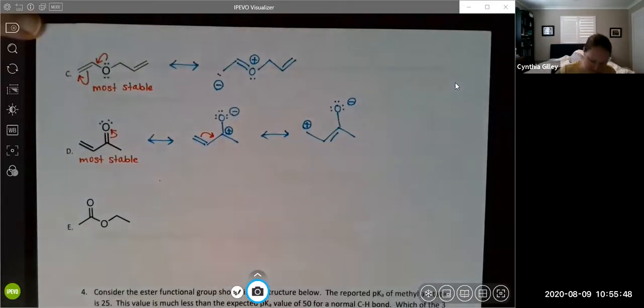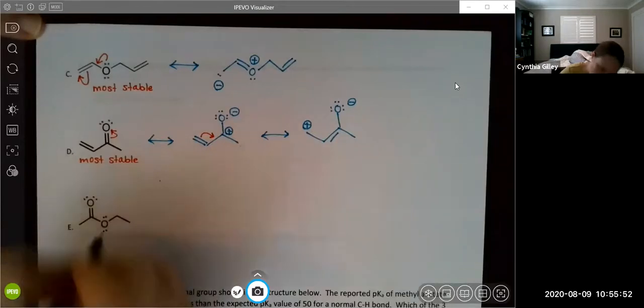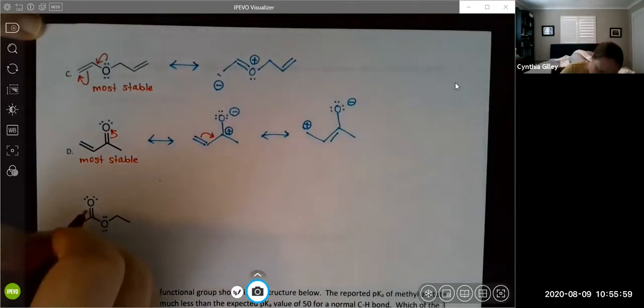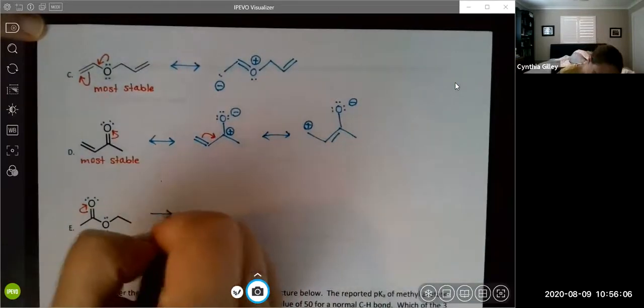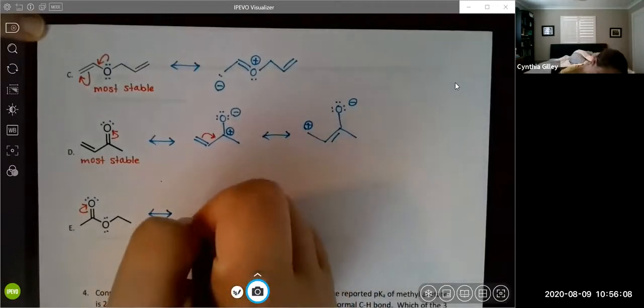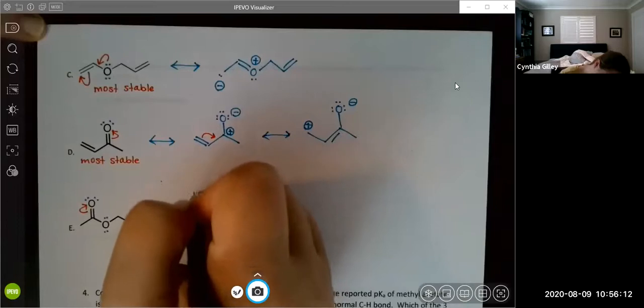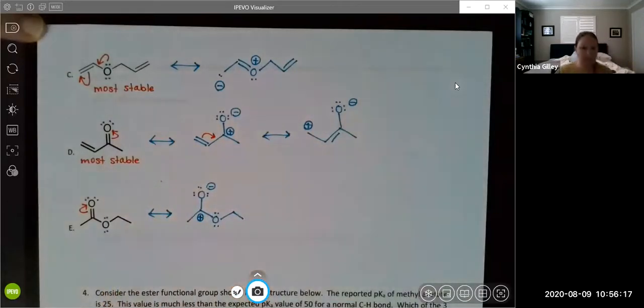Okay, the last one is an ester. We have some missing lone pairs we can go ahead and add in. Again, we can start with the same pattern that we did up here, the pi bond between atoms of differing electronegativity. Move electrons up to the oxygen. That will give us our positive and negative charge.